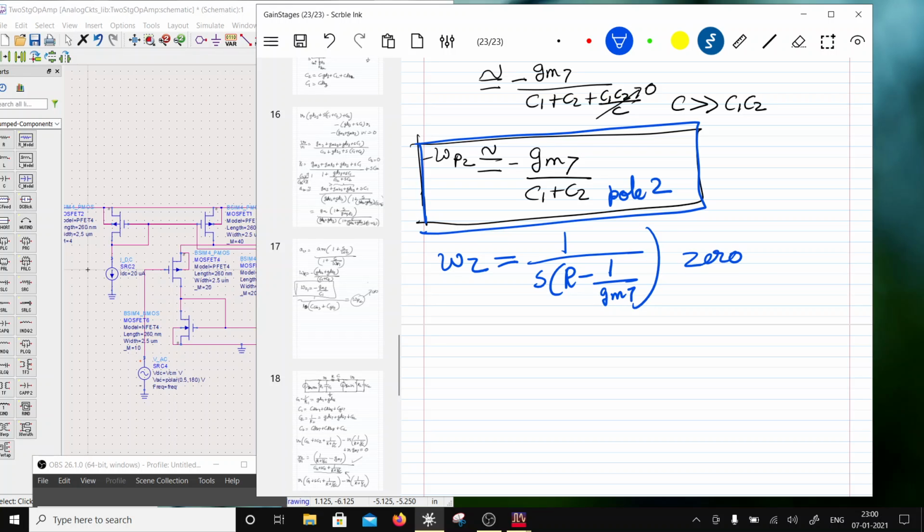Now if R is smaller than 1 over gm7, then, okay, there will be a minus sign here. Then, if R is less than 1 over gm7, then the 0 is on the right hand side plane. Then 0 is in right plane.